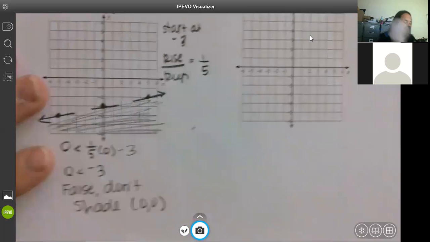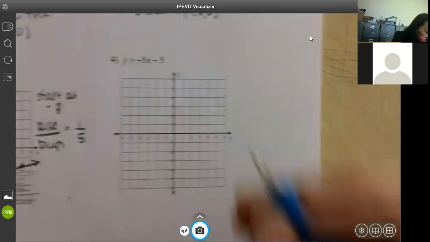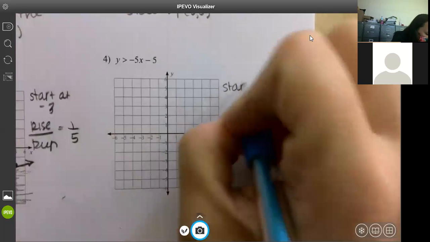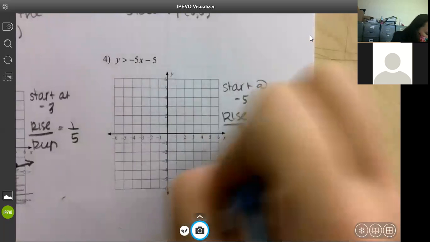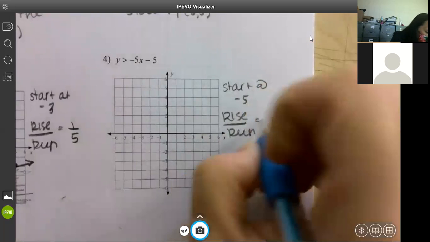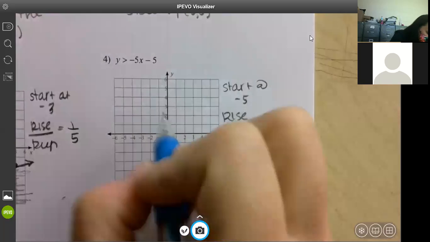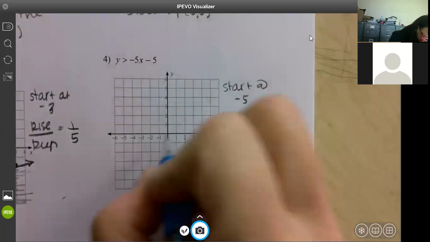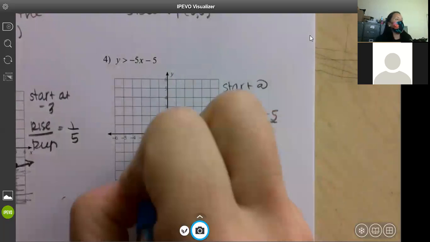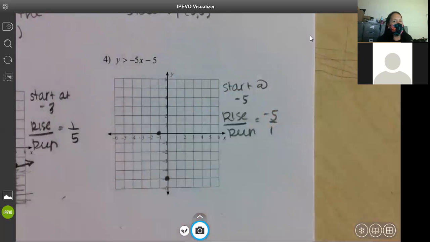Check this one out. Where do we start? What's my rise over run? -5 over 1. So start at -5. It says go down 5 and then over 1, but I can't do that because my graph doesn't let me. So I'm going to go up 5 and to the left 1.